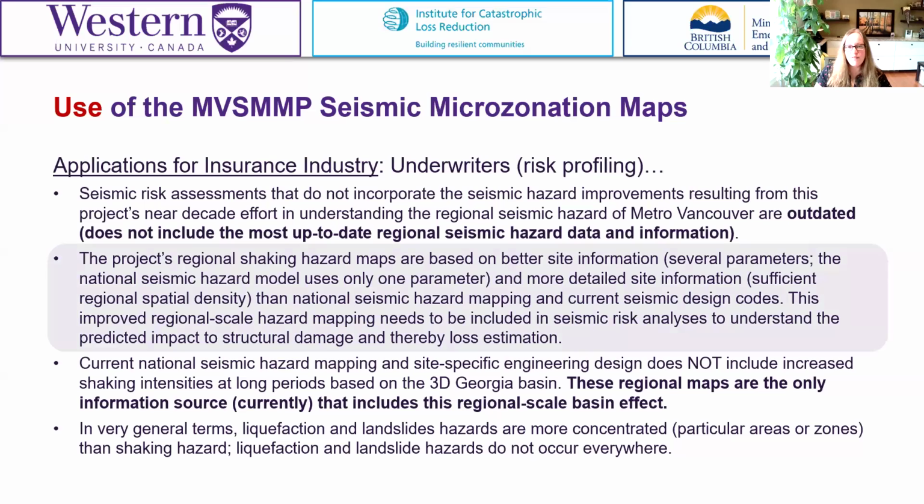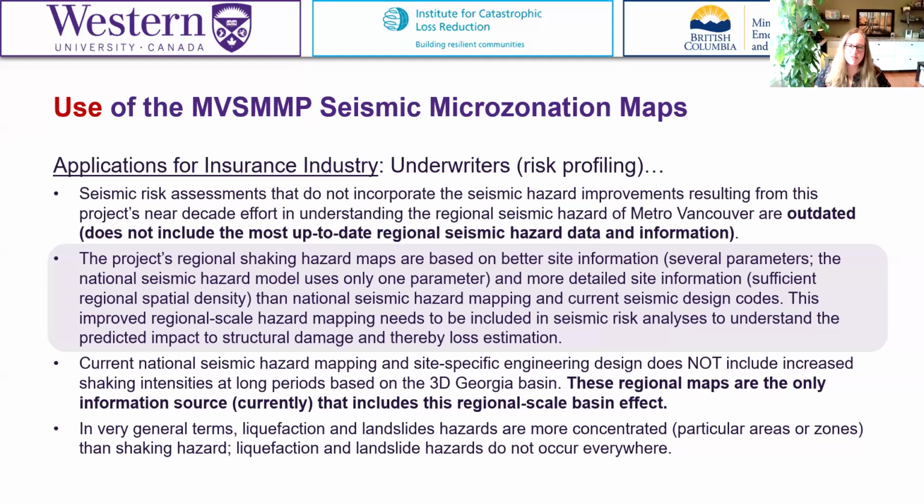In terms of risk profiling, I want to keep hammering home that we've just made hazard maps. They need to be pushed towards new improvements in risk and get filtered into CAT models. But I also need to hammer home that these maps are new and an update to what has been available for seismic hazard in Canada until now.